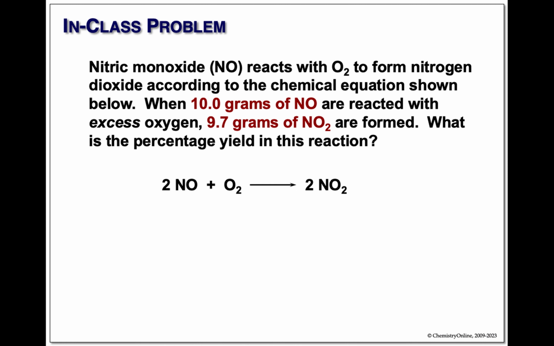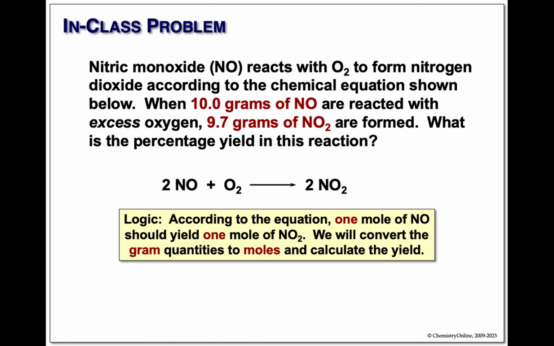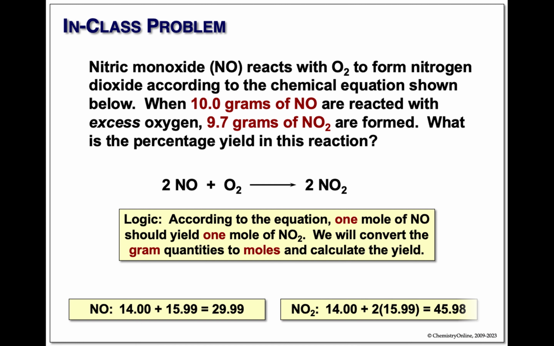We can do that if we know the molar mass of NO and NO2. I have to add them up. We know that mass divided by molar mass gives us moles. So there are our 2 molar masses, about 30 and about 46.